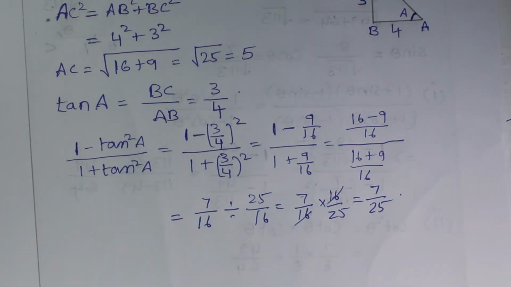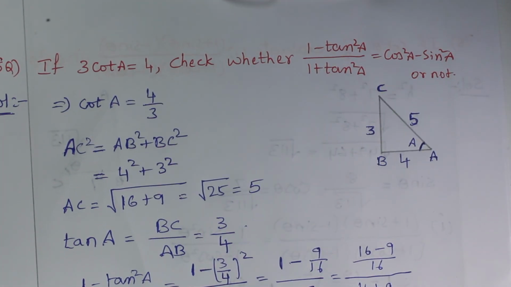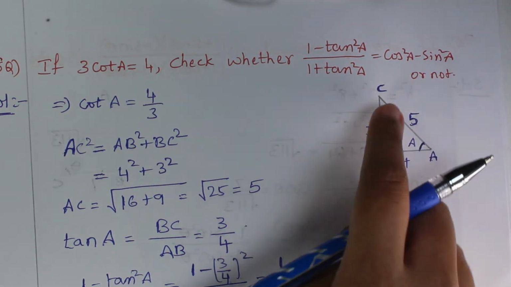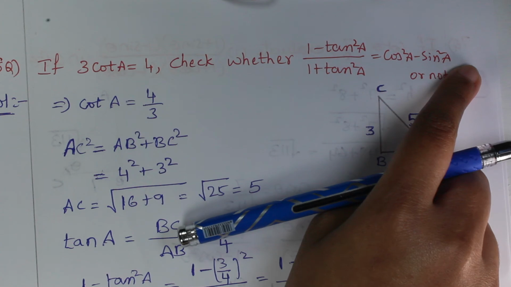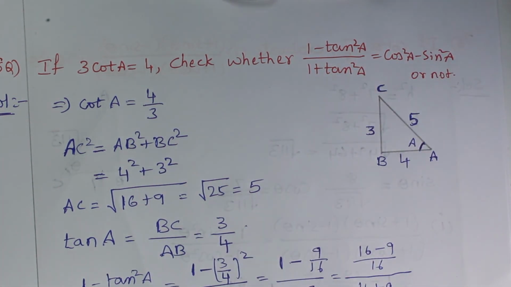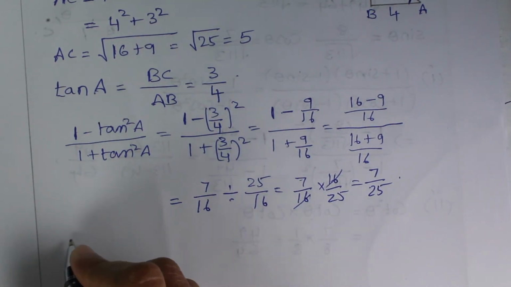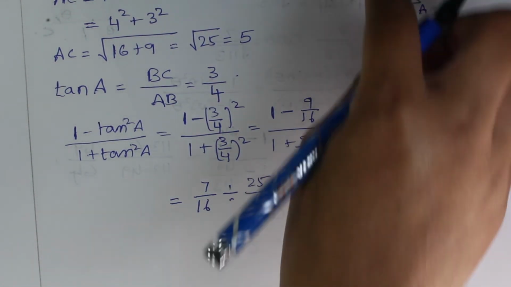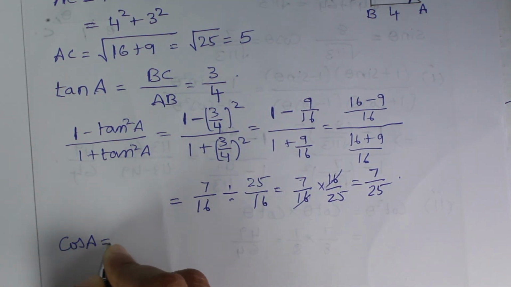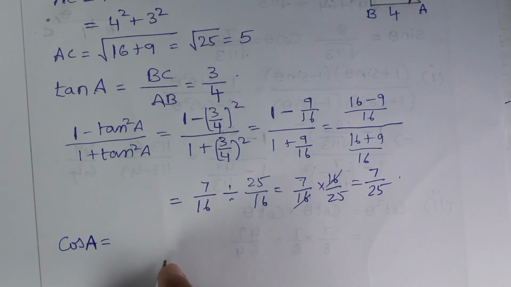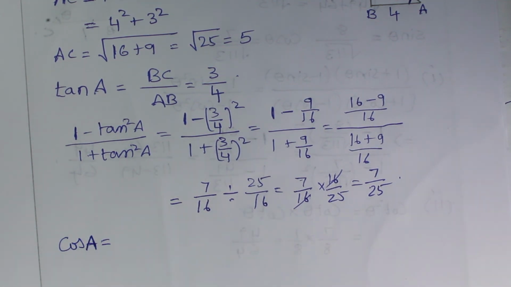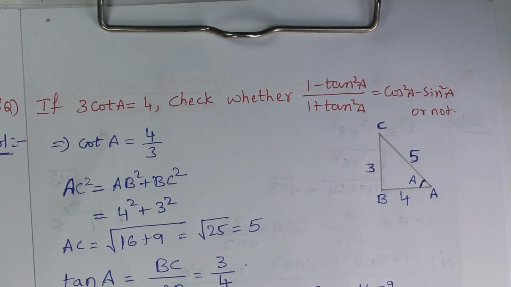Now he is asking us to check whether (1 minus tan square A) divided by (1 plus tan square A) is equal to cos square A minus sin square A. Now let us find out the value of cos square A minus sin square A, and we will check if both the values are equal or not. To do that, first let us calculate the value of cos A. Cos A becomes adjacent side by hypotenuse.